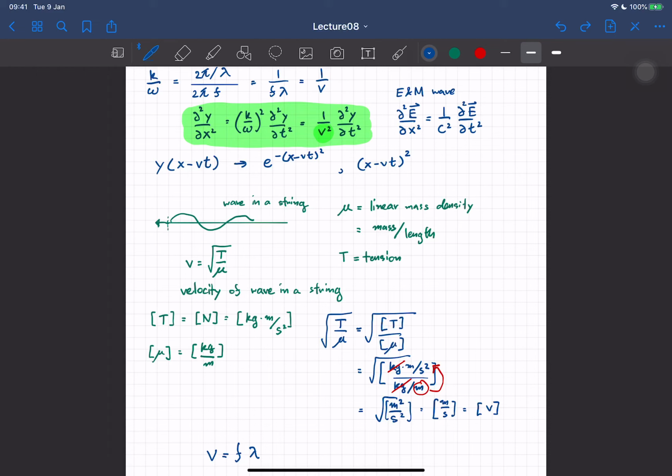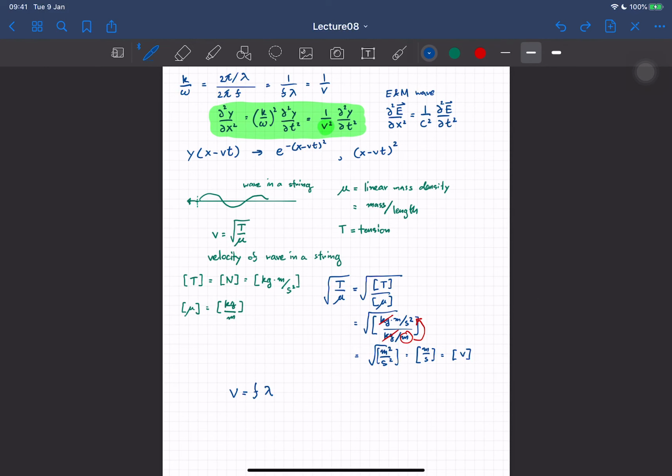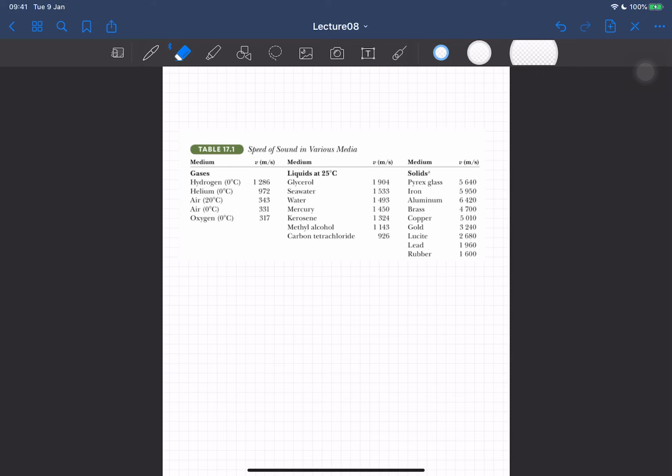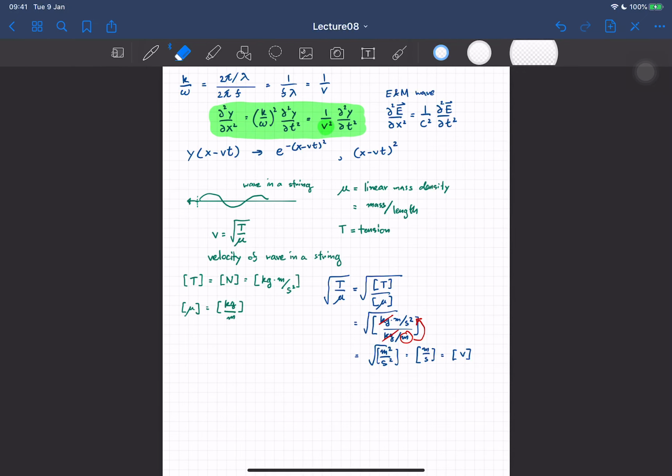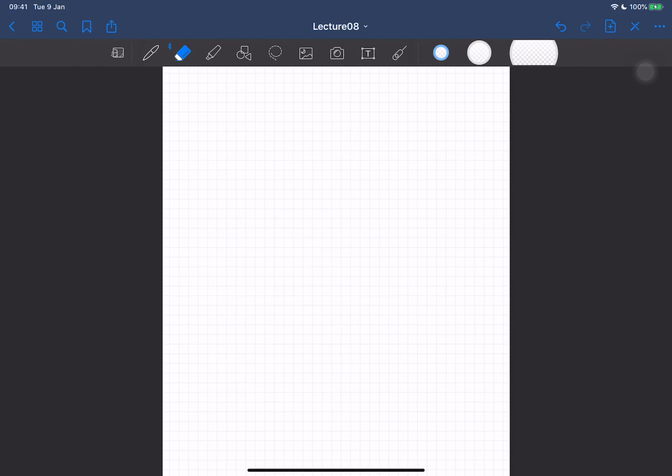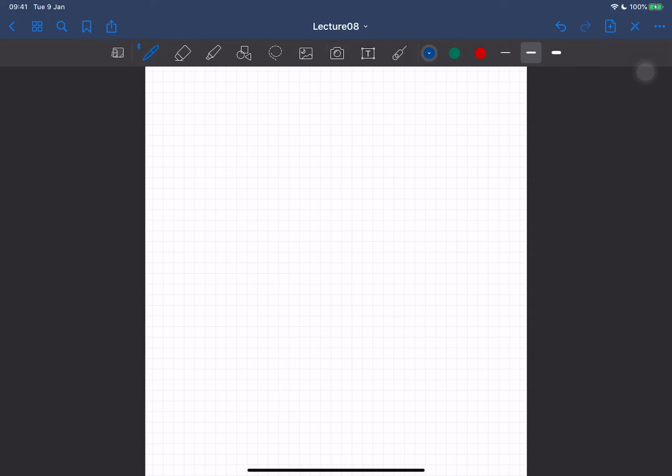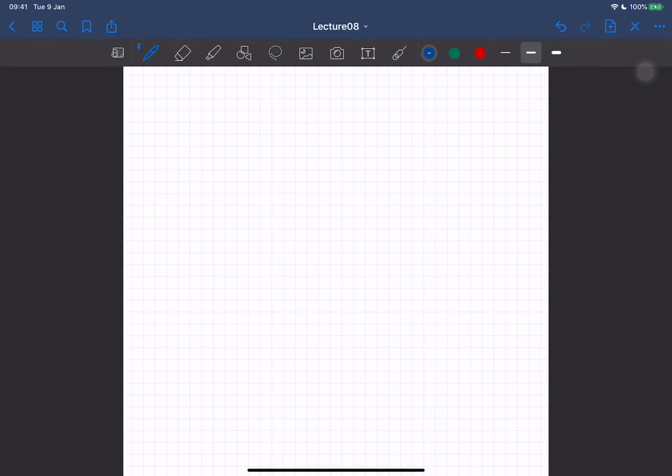All right, so you know what it looks like in terms of the sound wave. Let's write down a little bit more mathematically on the sound wave. So I'm going to go to the next page. Sound wave.